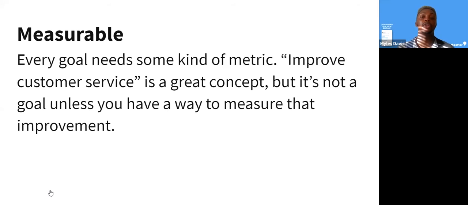When it comes to the next step, measurable, it fits right in perfectly with specific, because when you're specific about your goals, then you're able to measure them. It says that every goal needs some kind of metric. For example, improve customer service is a great concept, but it's not a goal unless you have a way to measure that improvement. So, for example, if you want to improve customer service, the Facebook response time might be something that you want to improve.